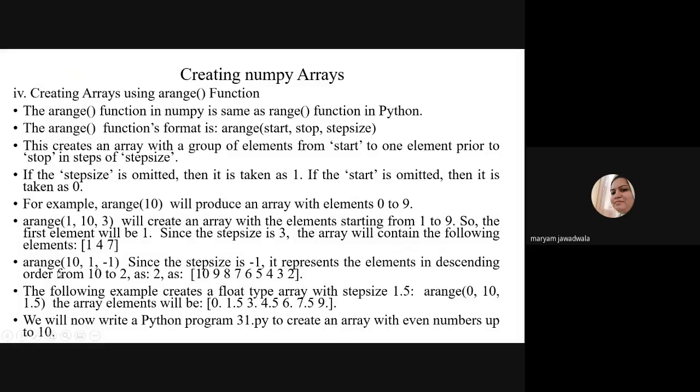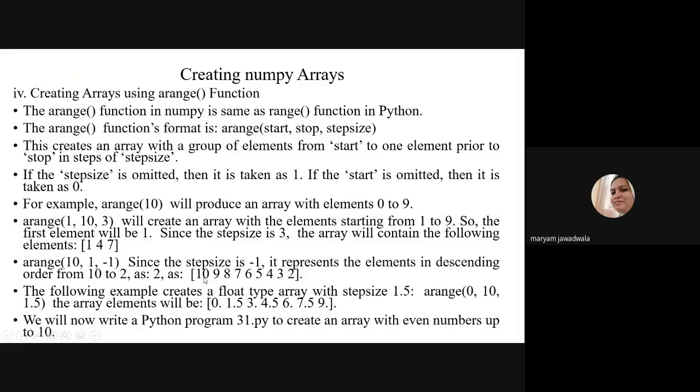Likewise, you can write the arange function in this way: arange(10, 1, -1). Here the step size is -1. -1 means it represents the elements in descending order. The starting index is 10 and the ending index is 1, which is one less than 1, so up to 2, in descending order.